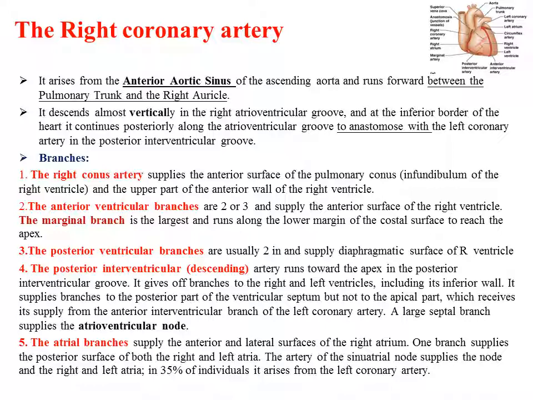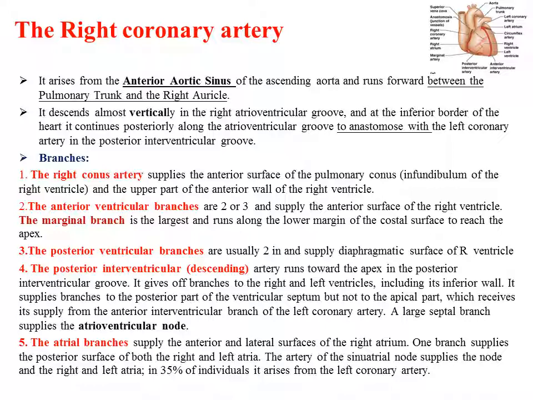Branch number four is the posterior interventricular descending artery, which runs towards the apex in the posterior interventricular groove. It gives off branches to the right and left ventricle, including its inferior wall.